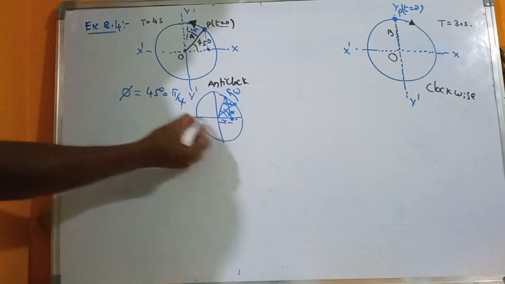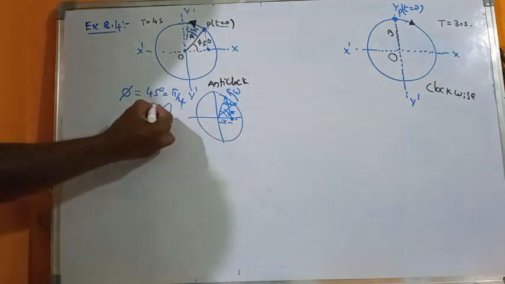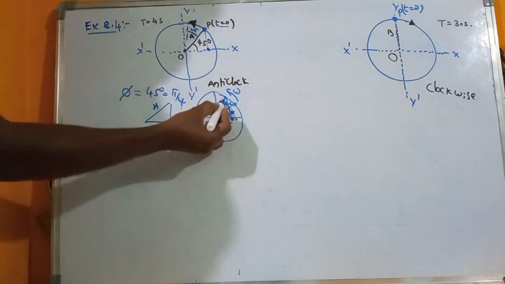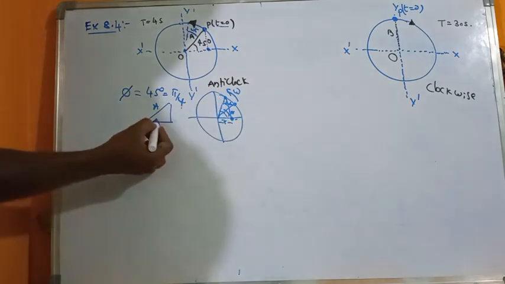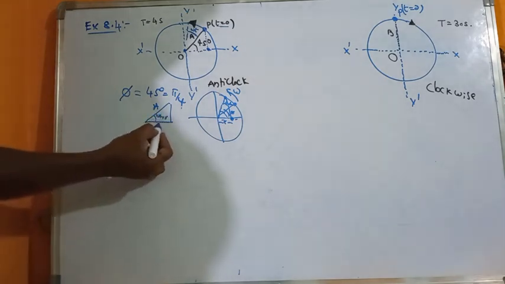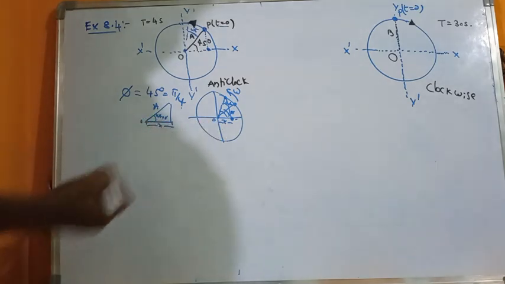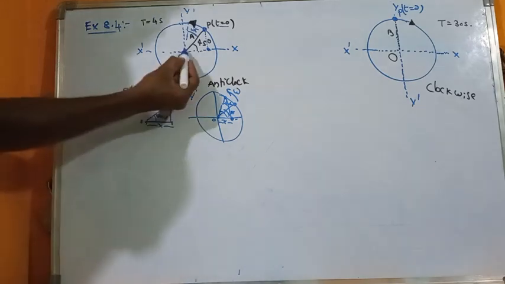Here we find a triangle. This is the radius of the circle, and here the angle subtended is omega t plus phi. This is our x-axis from the origin. Now we have to find this x projection, this distance.